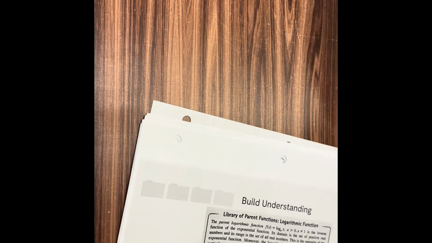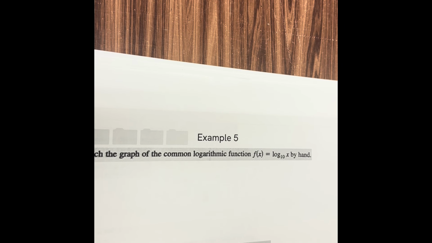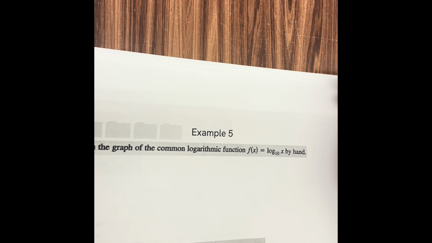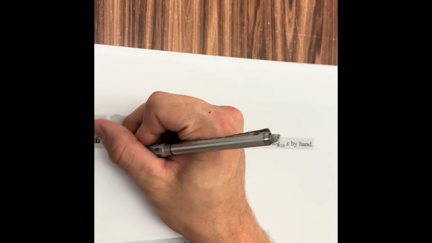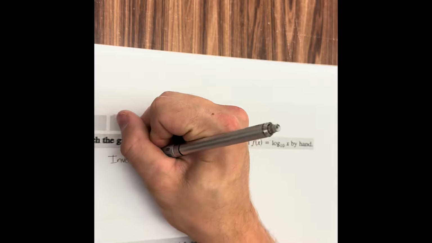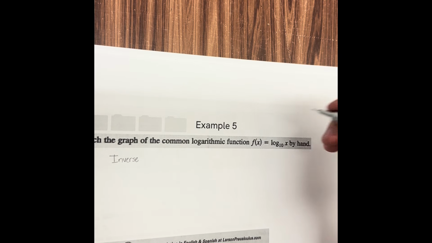All right, on to example 5. Sketch the graph of the common logarithmic function f of x equals log base 10 of x by hand. This one you could plug into your calculator and just use the table function, but again, I'm going to show you how to find the inverse and then graph it that way, just as more practice here.